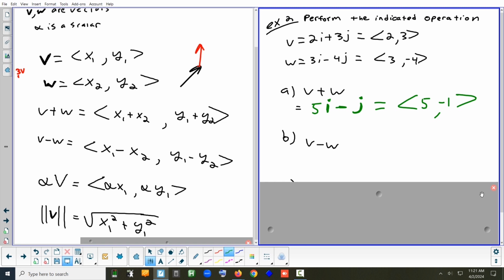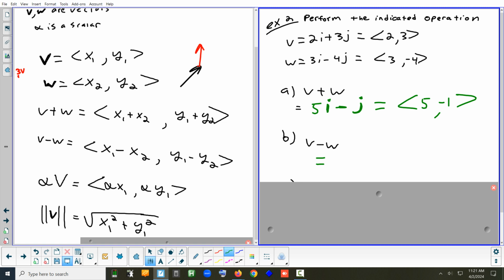So now we've got V minus W. All right, let's start with the i component. What would be the i component if we subtract these? Negative i.